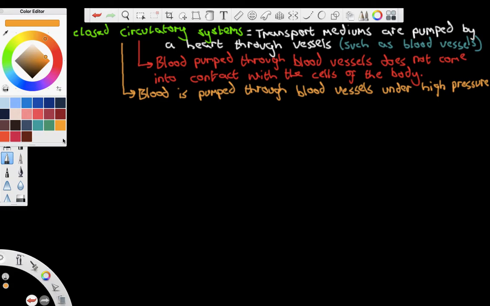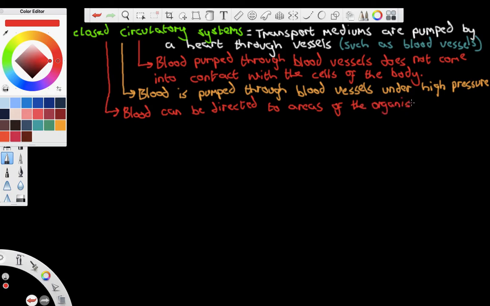And we can also say in a closed circulatory system, I'm going to stick to red because it's a very important point, that blood can be directed to areas of the organism that need it most.